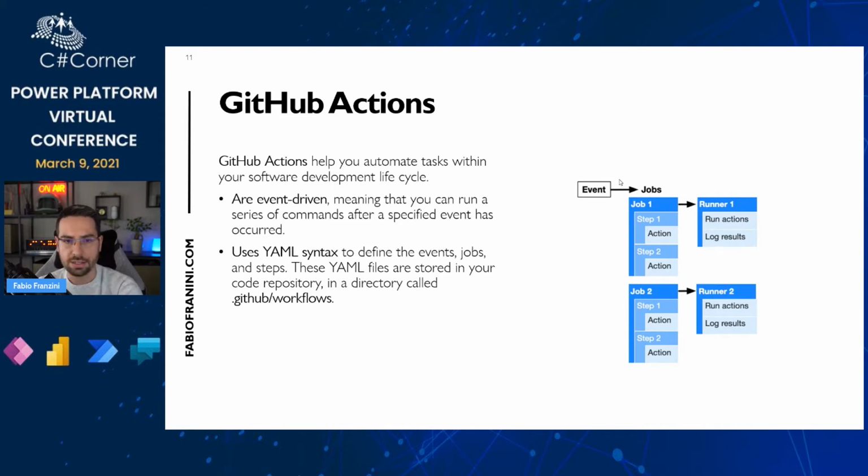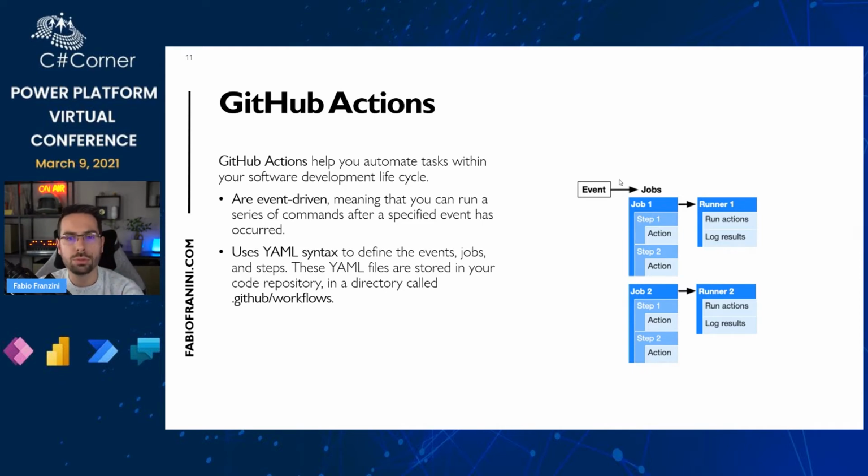When we define this workflow, this file is saved inside a .github/workflows folder inside your repository, and then every workflow is able to start automatically based on a specific event. For example, when starting on a pull request, or when we release a new release of the repository, or something like that.